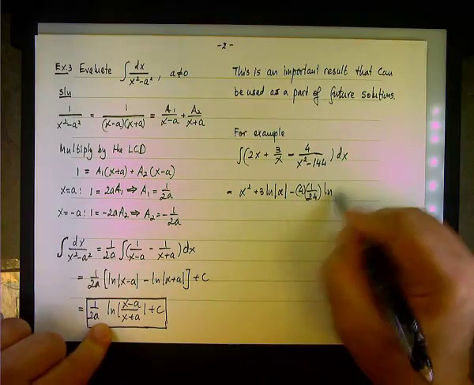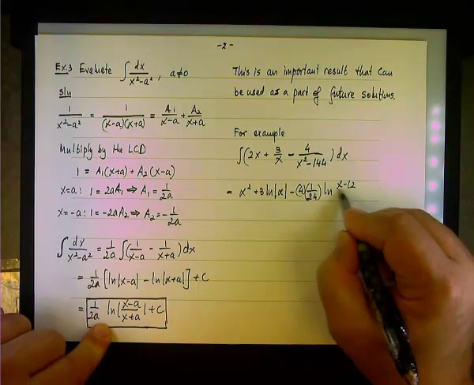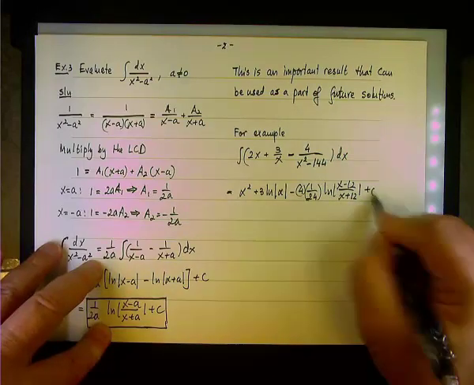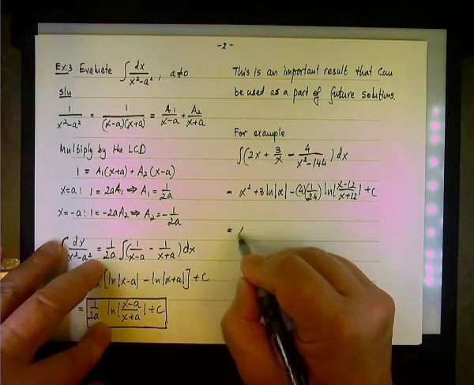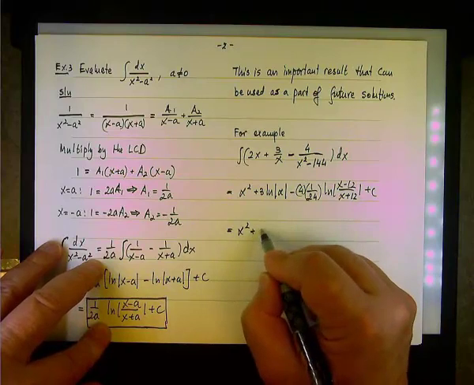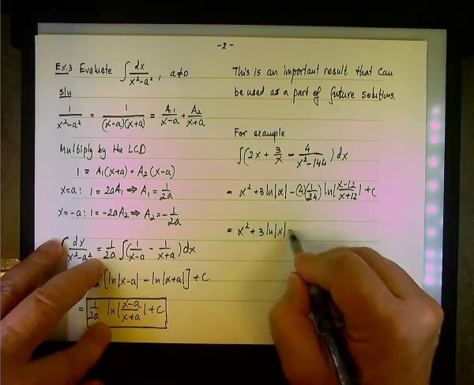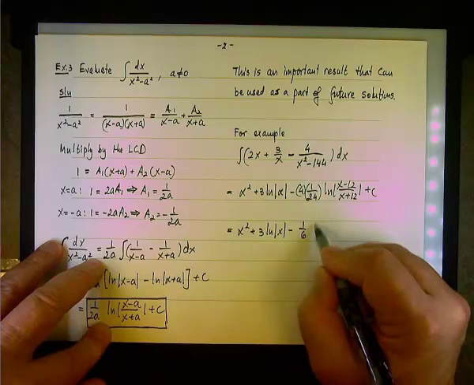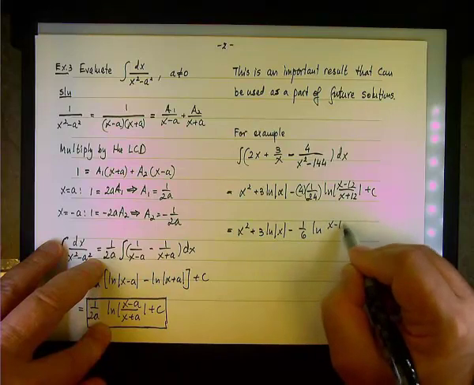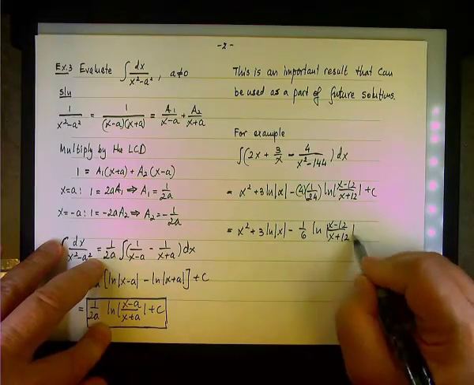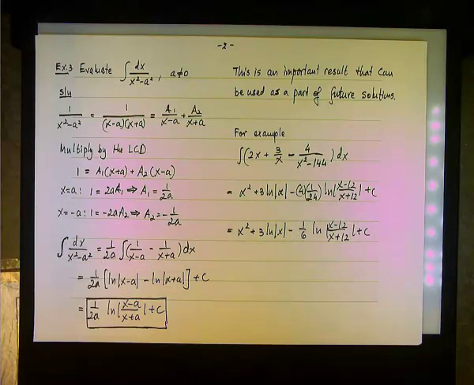And now I have the natural log of x minus 12 over x plus 12 plus c. So just simplify it one more time. Get x squared plus 3 natural log of x minus 1/6 natural log of x minus 12 over x plus 12 plus c. Okay?